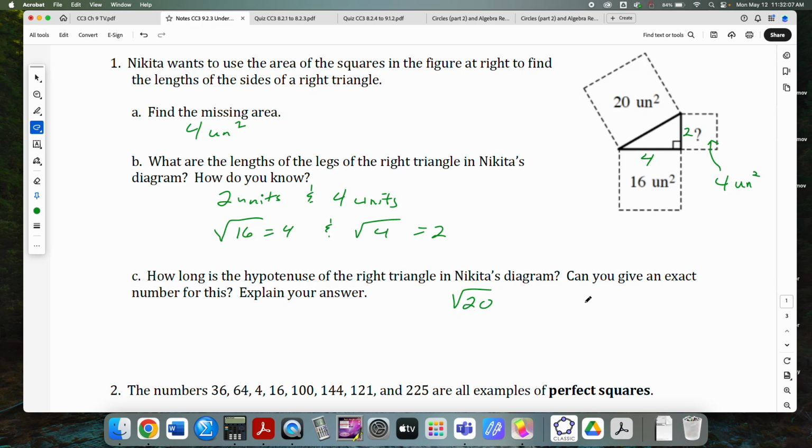No. So the square root of 20, there is no exact number other than the square root of 20. The square root of 20 is the exact number, but you can't give a decimal or a fraction. There is no decimal or fraction that when multiplied times itself will give you 20.